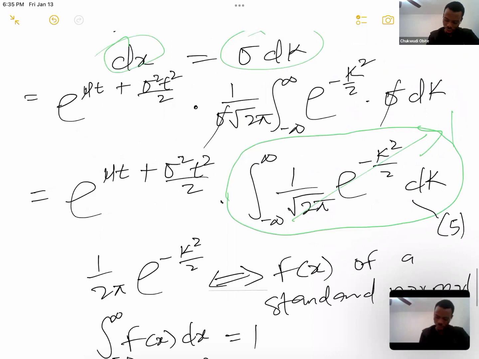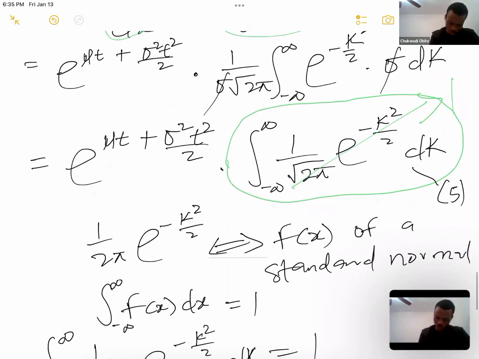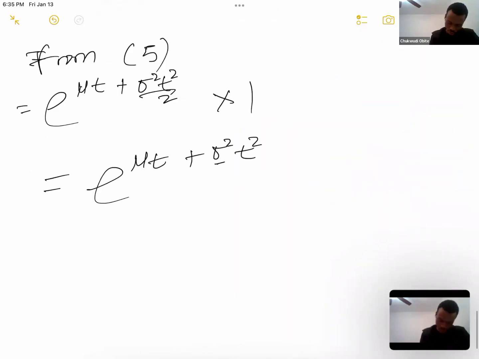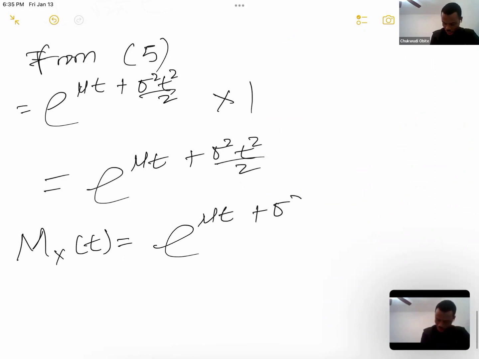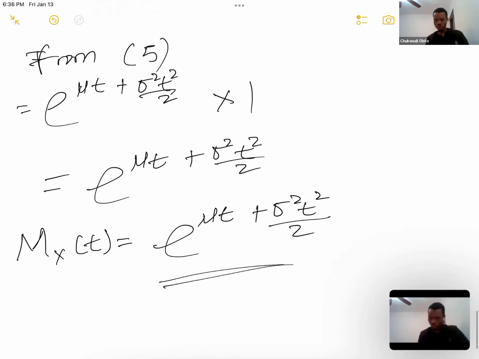So times 1, which is e to the mu t plus sigma squared t squared all over 2. Therefore, the MGF of the normal distribution is e to the mu t plus sigma squared t squared all over 2. So this is how to look for the MGF of a normal distribution.